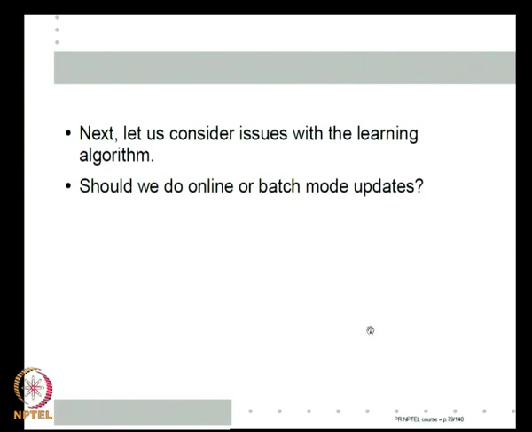In the online mode, I put one example, calculate the output, immediately the error, backpropagate, find all the partial derivatives, and immediately update the weights, and then apply the next example. Of course, when I do this in the online mode, I can apply the examples in some order. So, going through all the examples once is called an epoch normally in the online mode.